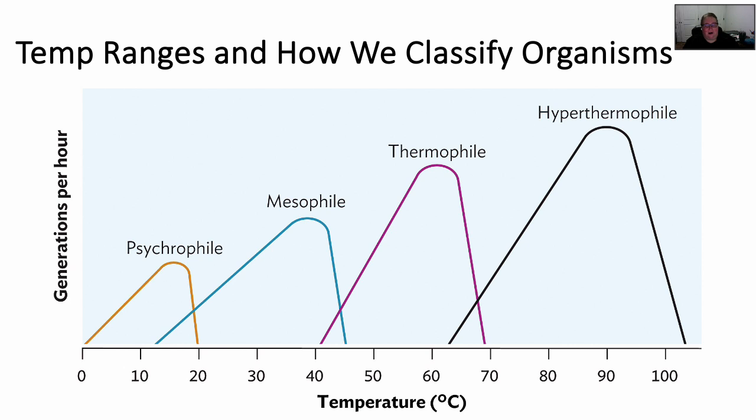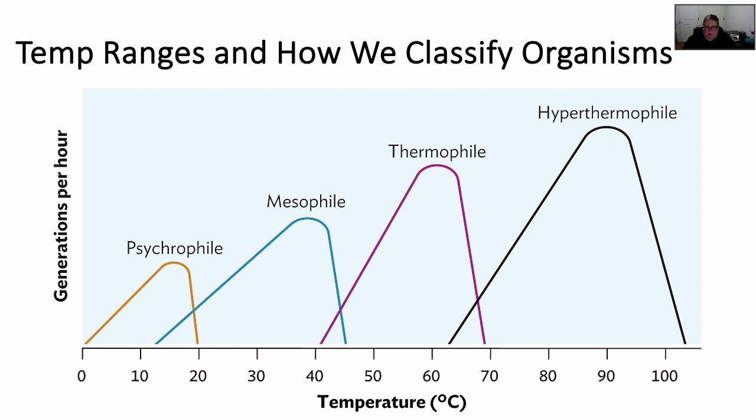Okay, so let's talk about our thermophiles, the ones that go through the different temperature conditions. Now, one of the things I want you to notice here in this graph is that these different extremophiles are going to overlap a little bit. Okay, so psychrophiles are going to go from about 0 to 20 degrees C. Mesophiles are about 12 to 55 degrees C. Thermophiles are from about 42 to 68 degrees Celsius, while hyperthermophiles are about 64 to 110, 115 degrees C. Okay, so there's always going to be these areas of overlap where you can find both.